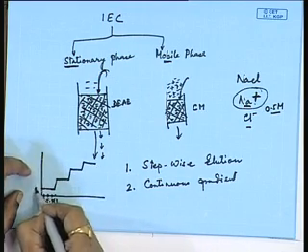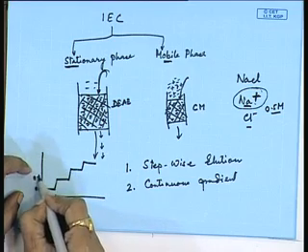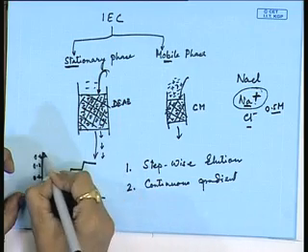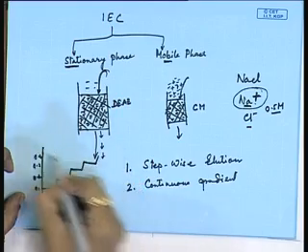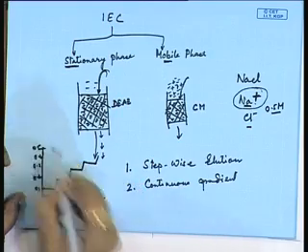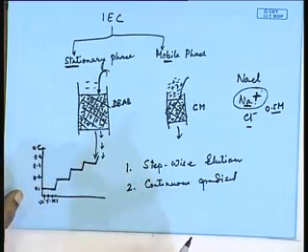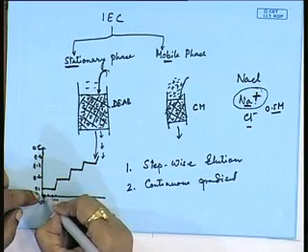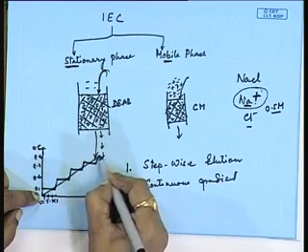So this is 0.1, this is 0.2, this is 0.3, this is 0.4, this is 0.5, and in this way it goes on. This is called stepwise elution. When we go for a continuous gradient, that means we are just continuously increasing the gradient.